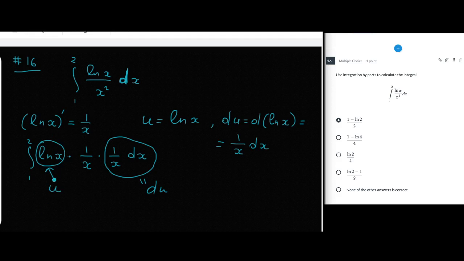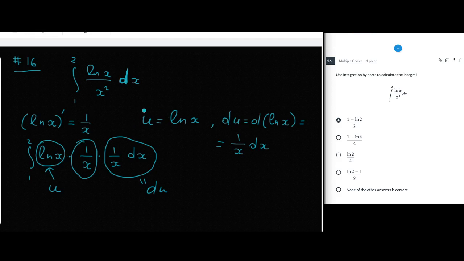However, we still have another copy of 1 over x hanging in the integral. And so if we were to make this substitution, we would need to express that remaining term 1 over x in terms of u. To do that, we would have to essentially express x in terms of u. And how would we do that?